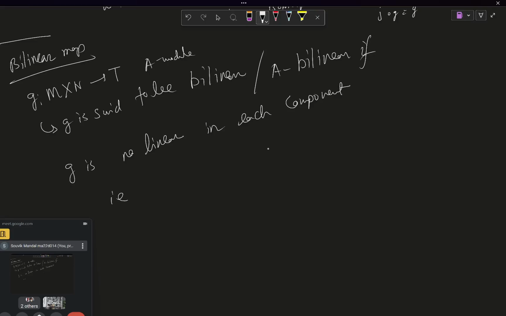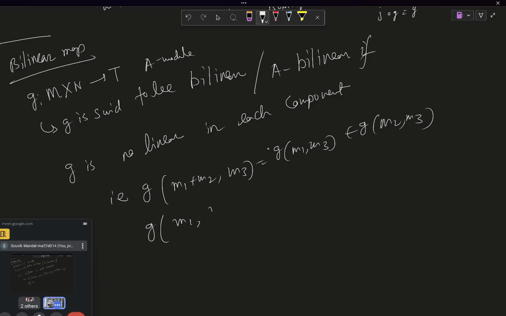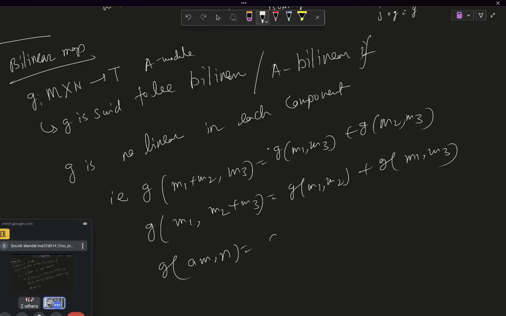That is, G of (M1 plus M2, M3) is equal to G of (M1, M3) plus G of (M2, M3), G of (M1, M2 plus M3) is equal to G of (M1, M2) plus G of (M1, M3), and G of (A M, N) is equal to A G of (M, N), which is equal to G of (M, A N).